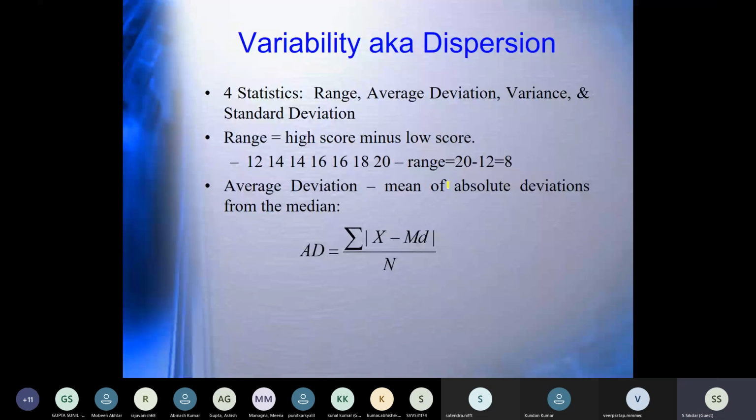We can also calculate the average deviation; there are equations we will show. The average deviation is the sum of the absolute differences between each value and the median, divided by n.